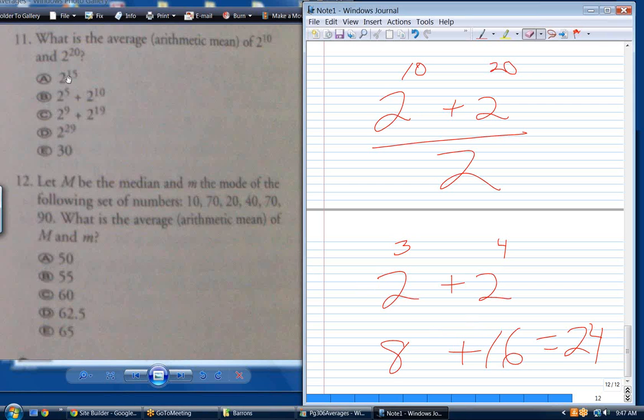Let me look at their answers. This is a very, very interesting problem. Notice the difference between 2 to the 10th and 2 to the 20th.